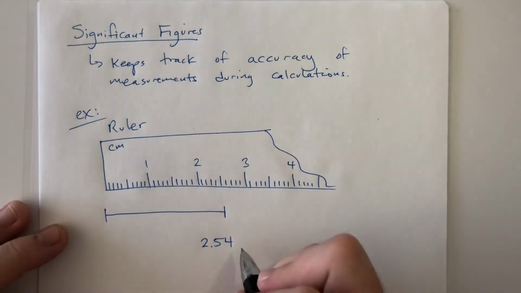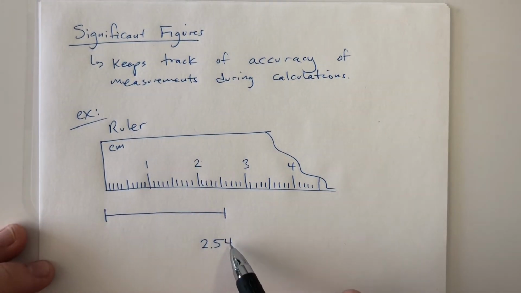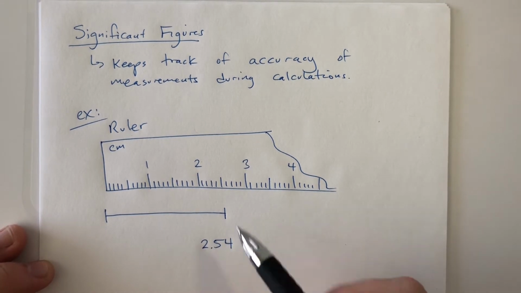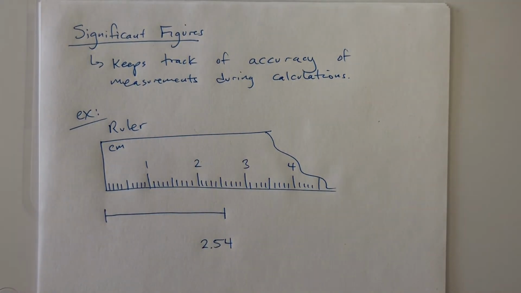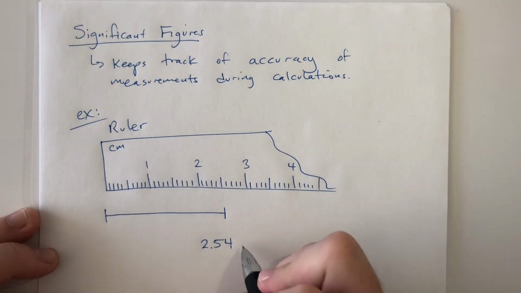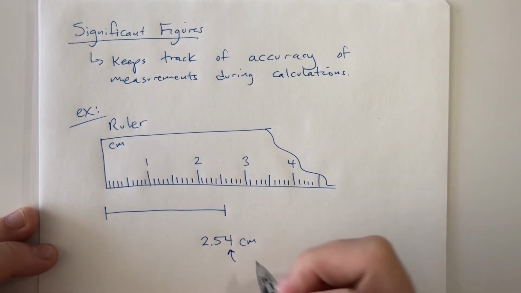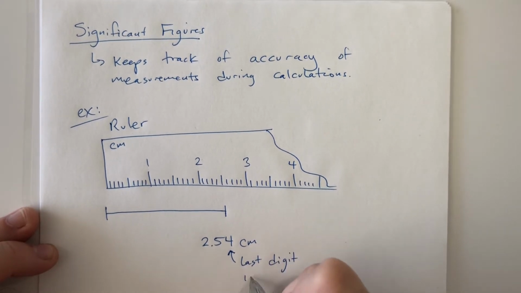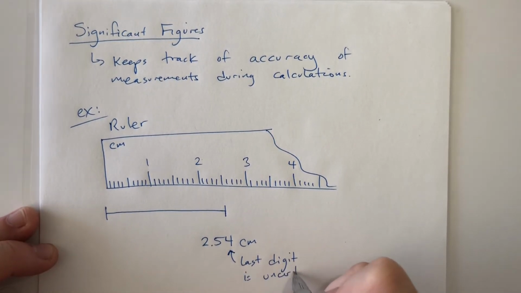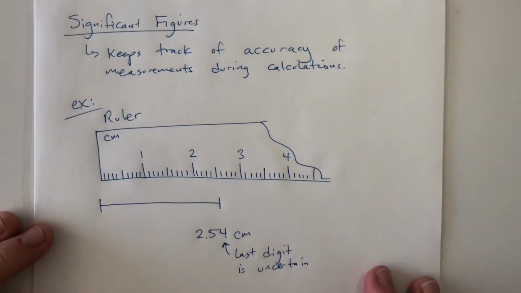So anyway, the problem is, in terms of interpreting this, we're not even sure about this number. We certainly can't get another decimal. So we've hit the limit of how accurately this instrument measures things. And so it is understood when you talk about measurements that the last digit is uncertain. We still record it to the best of our ability, but it's going to have some fluctuation in it.